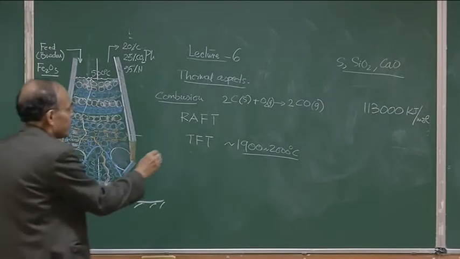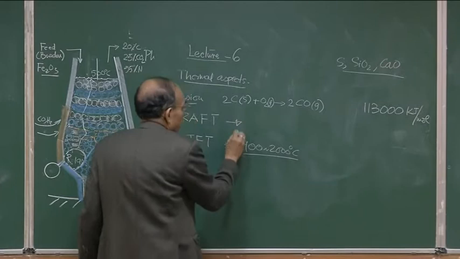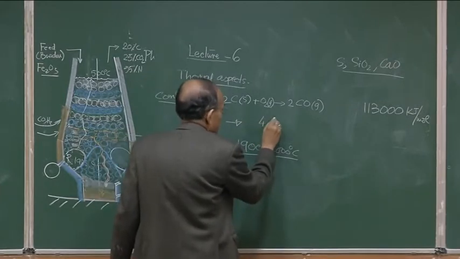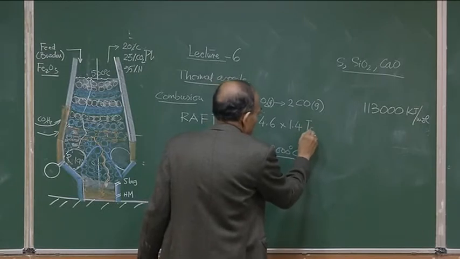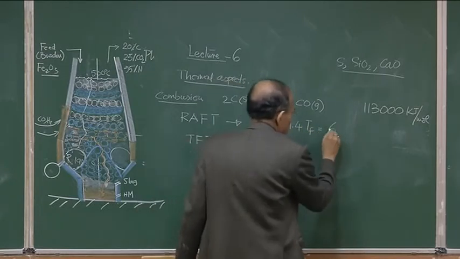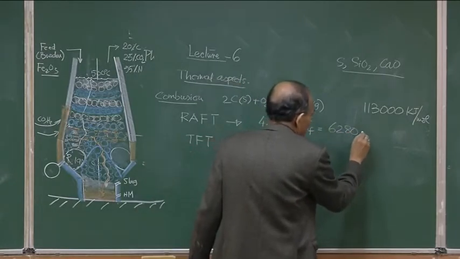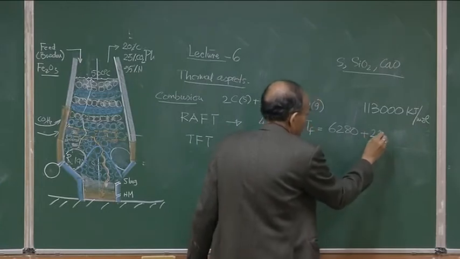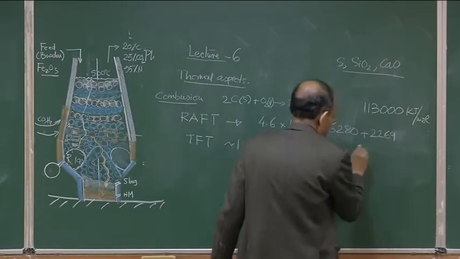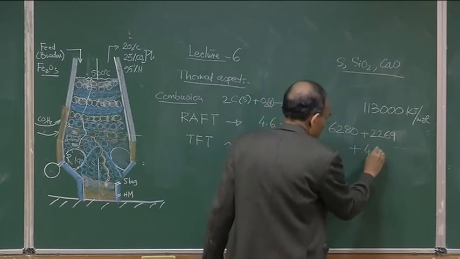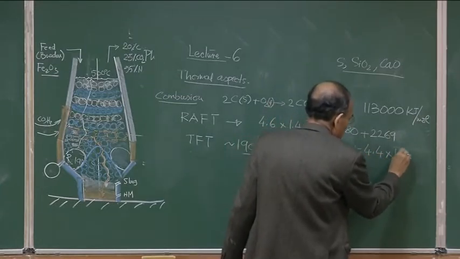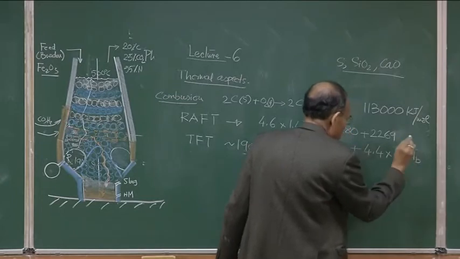One expression, if I remember correctly, is 4.6 multiplied by 1.4, the flame temperature is equal to something like 6280 plus 2269 plus maybe 4.4 into 1.4 into T sub B.